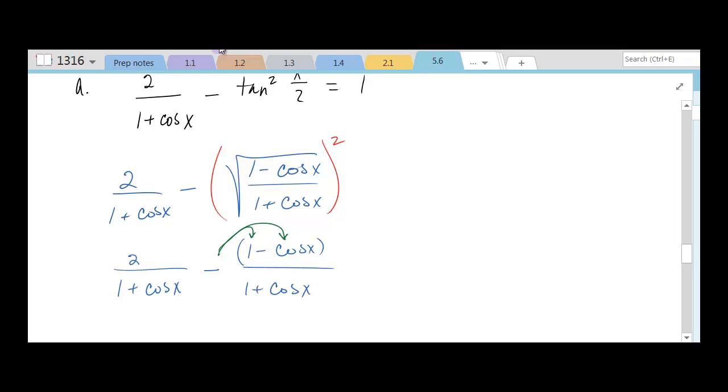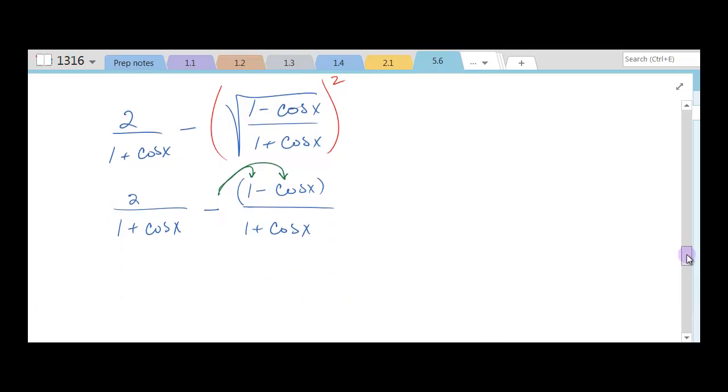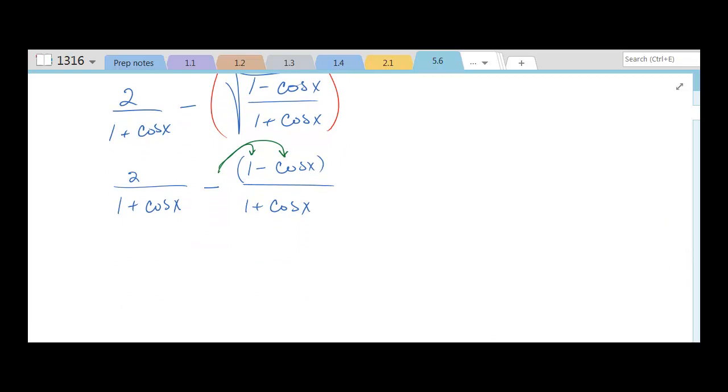So I'm going to rewrite this now as a single fraction, combining my numerator, and that would look like 2 minus 1, and then a negative times a negative cosine gives me positive cosine x in the numerator, over the single denominator of 1 plus cosine x.